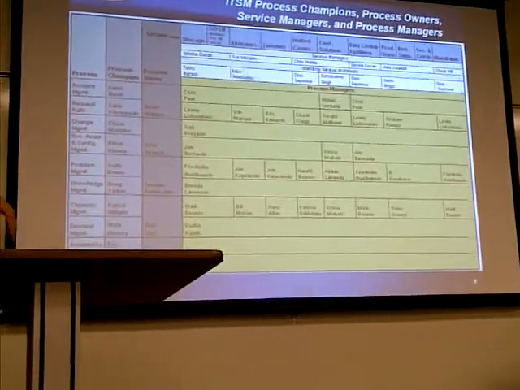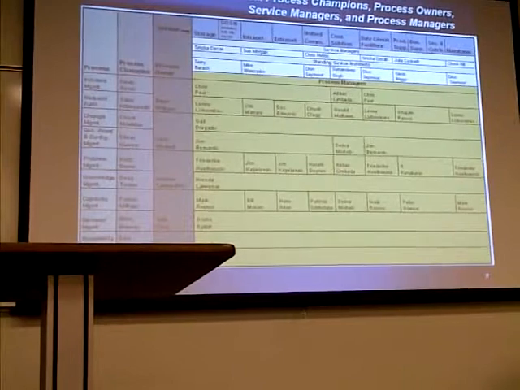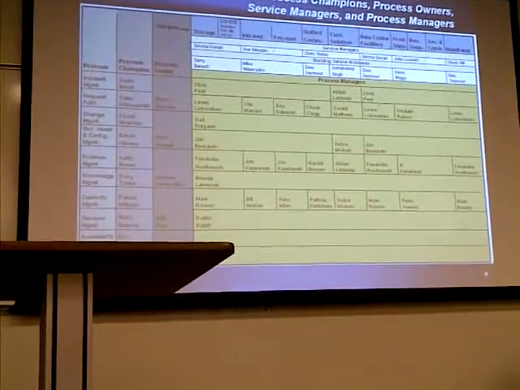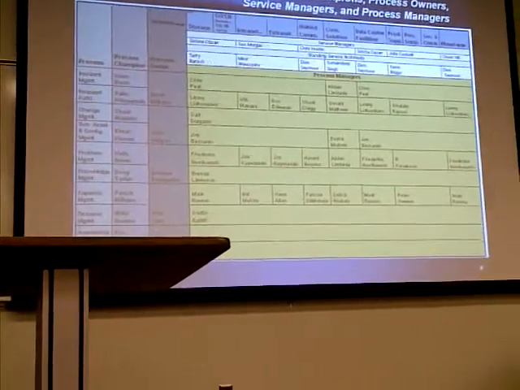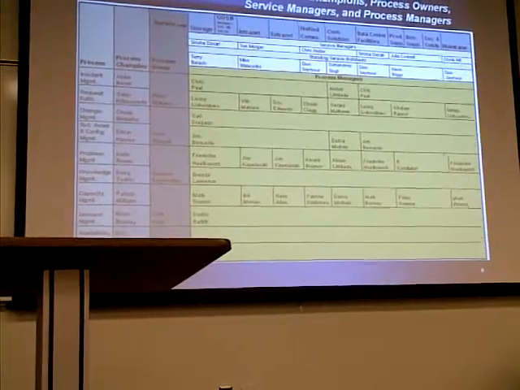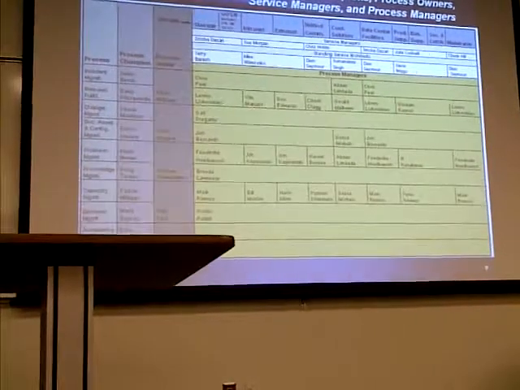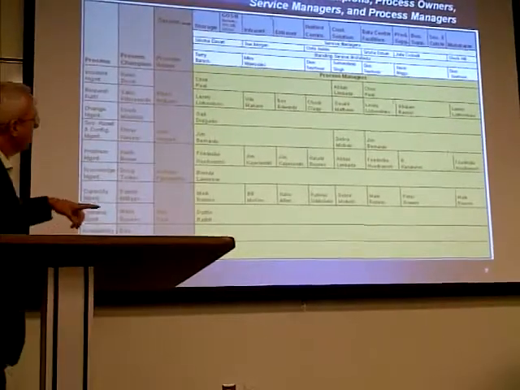Then I'll jump down to the yellow section there. Those are our process managers. And as I mentioned, they're responsible for the day-to-day execution of our processes. So they're supporting the functional teams, the people that are practicing or executing our processes. In many cases, they're embedded in the organization.